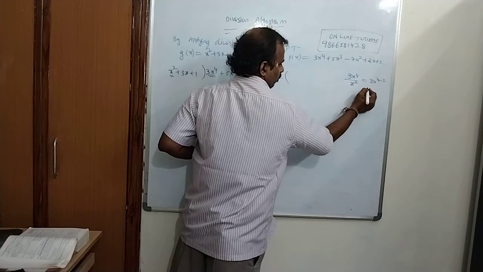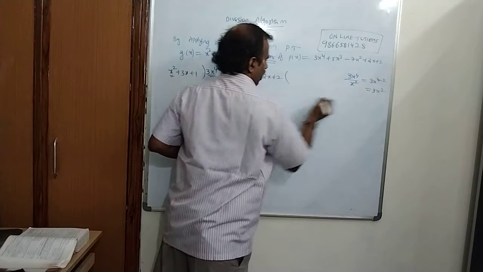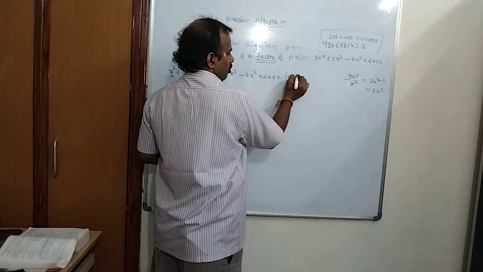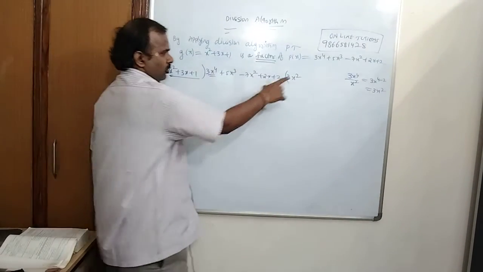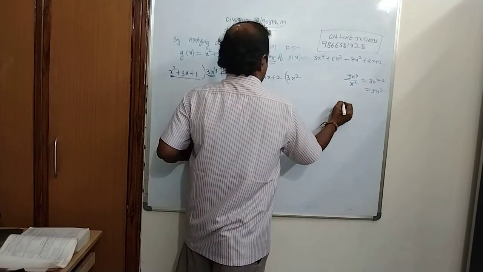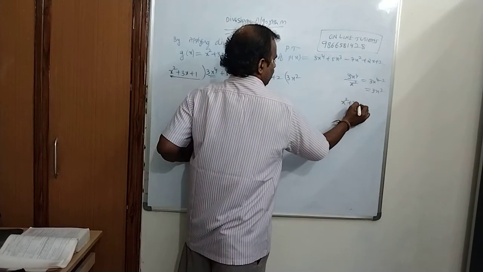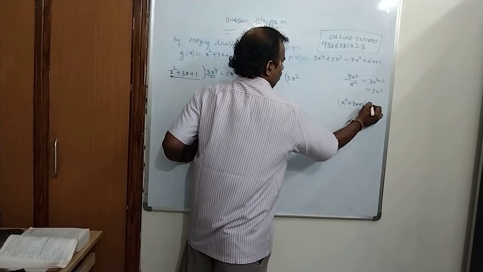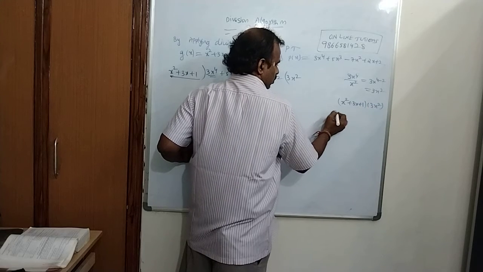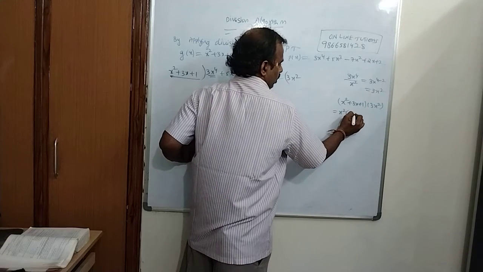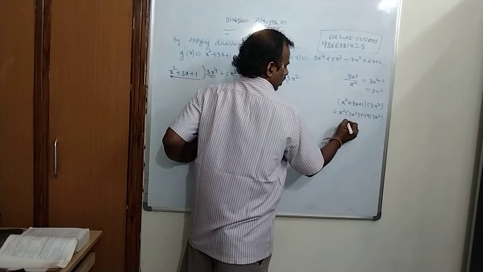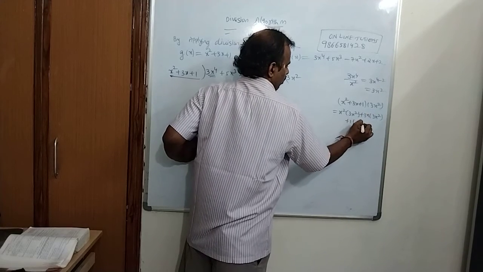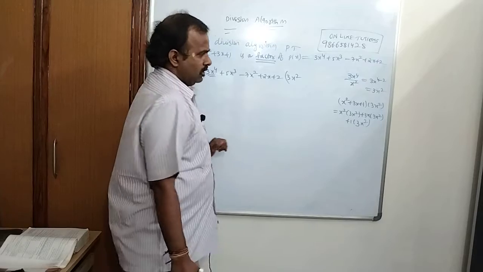3x power 4 minus 2, that is 3x square. So write here 3x square. Multiply this entire thing with 3x square. So x square plus 3x plus 1 into 3x square. X square into 3x square plus 3x into 3x square plus 1 into 3x square.